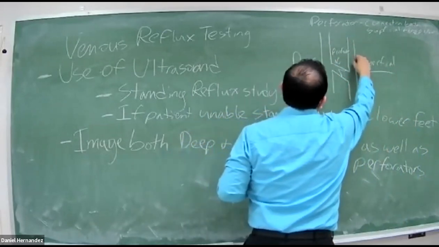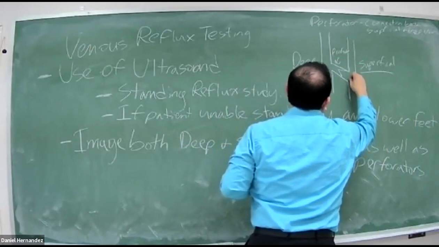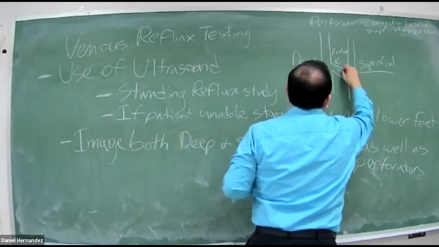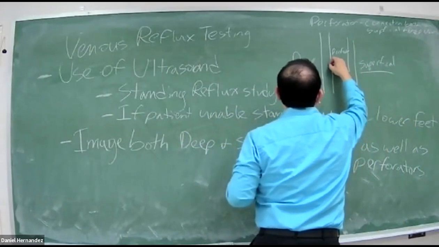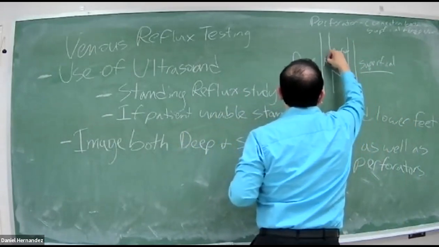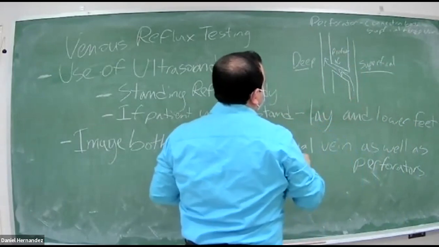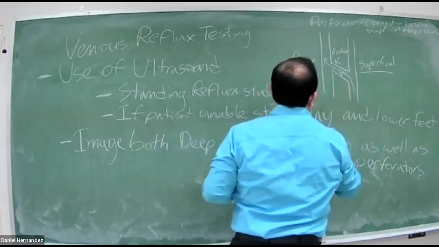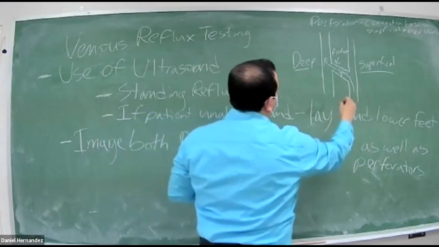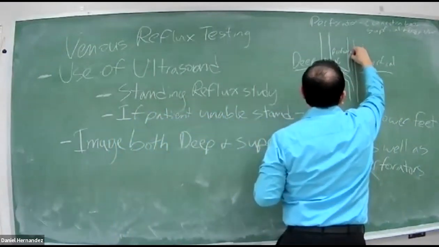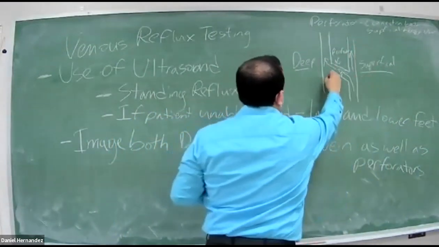So blood flow in the superficial veins crosses over into the deep system through the perforator veins. So that's going to be your normal flow direction, if we're looking at a leg.